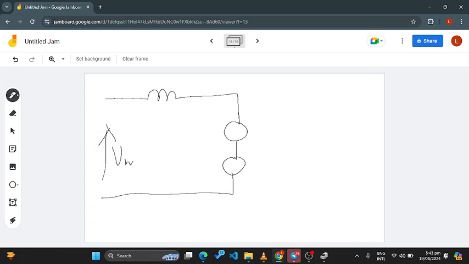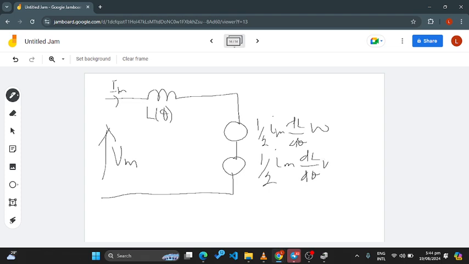So this is Vm, and there's Im flowing here, and there's L of theta over here. This is Im, half Im dL d theta omega. So Im dL d theta omega. So I've answered the first question.